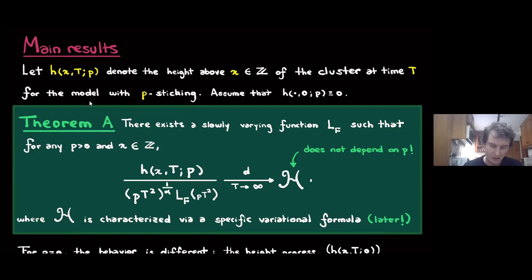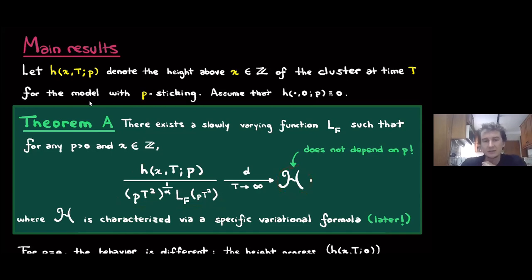Such that for any p positive and any x in the integers, the height above x at time t, when I normalize it by pt squared to the 1 over alpha times a slowly varying correction, a small correction, converges in distribution as t goes to infinity to some limit h.